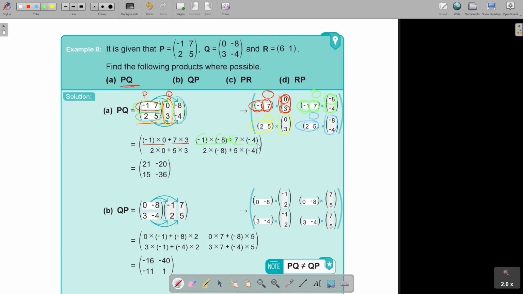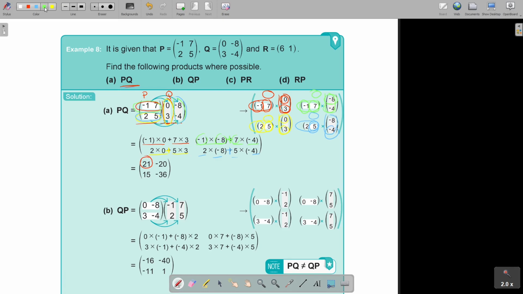Okay. And then the same here. First times first plus second times second. And then the same there. First times first plus second times second. Okay, and now I basically just do everything. So this is going to be 0 and this is 21 and that's why I got the 21 there.